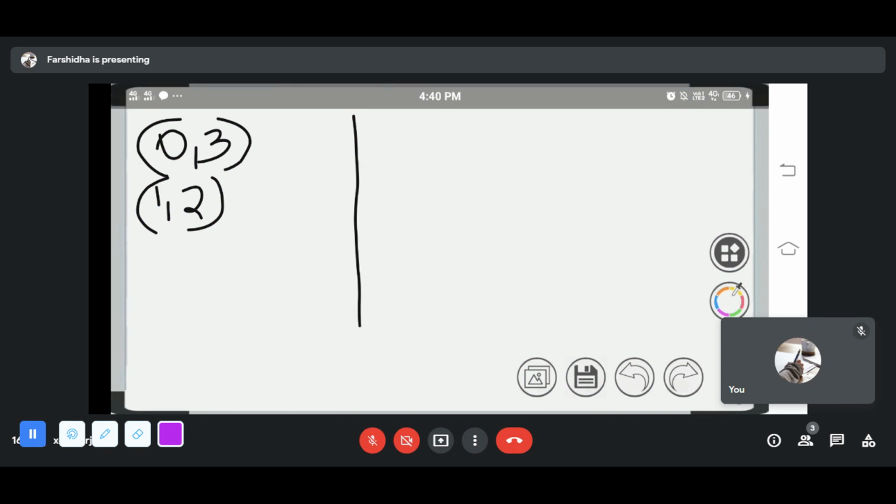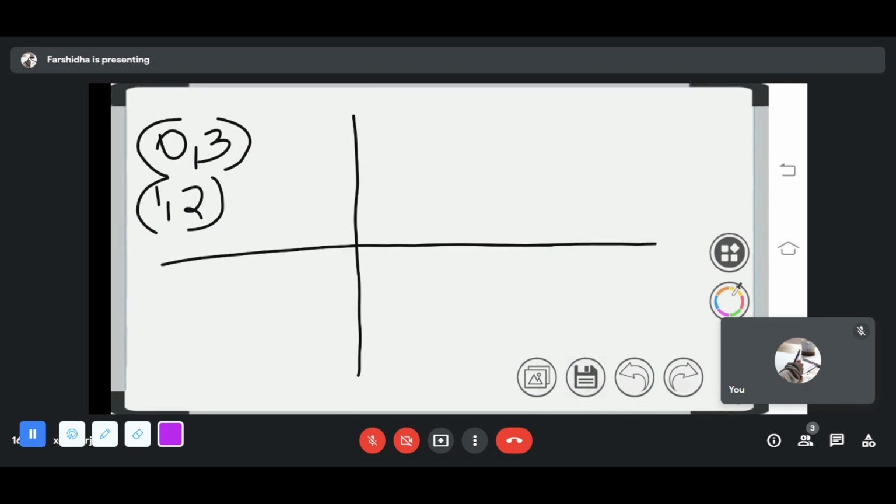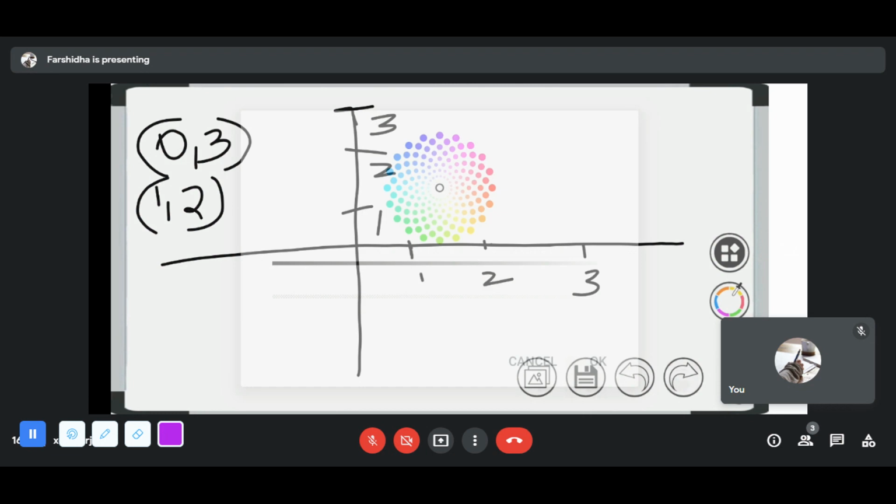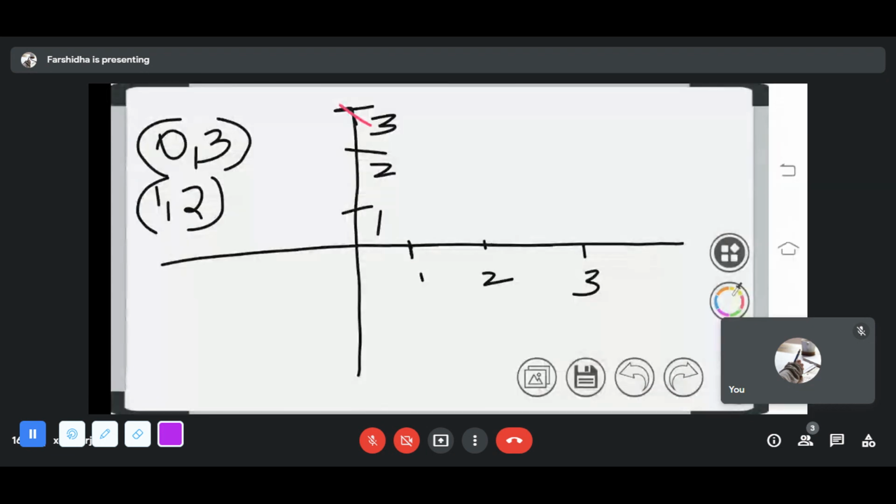Plot it in the graph. First is 0, 3: nothing on the x-axis, 3 on the y-axis. So this is the first point, 0, 3.